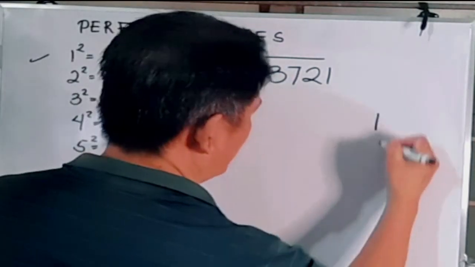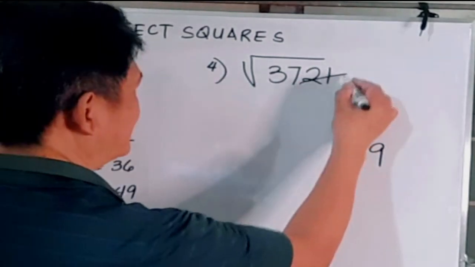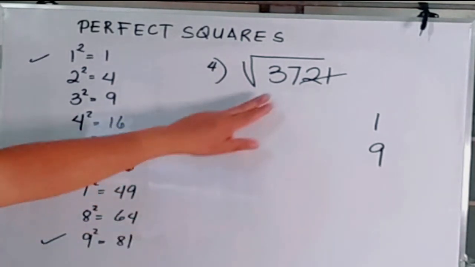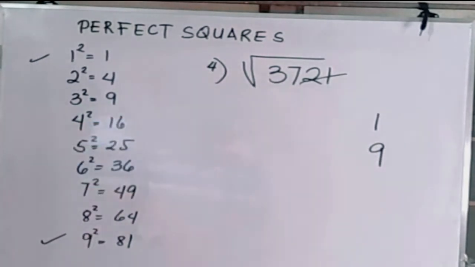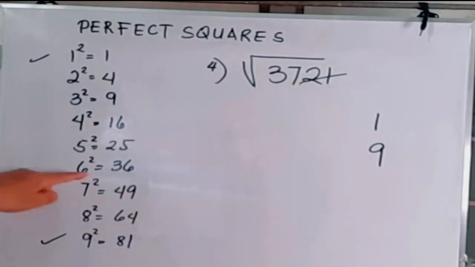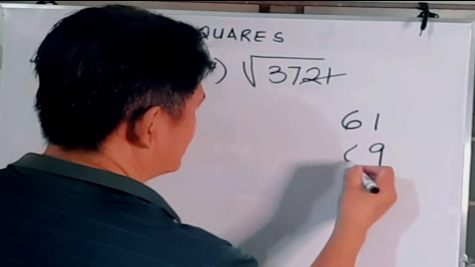So again, let's cross that out. We go to 37. What is the perfect square lesser than 37? According to our table, the perfect square lesser than 37 is 36. So that means your first digit is 6.